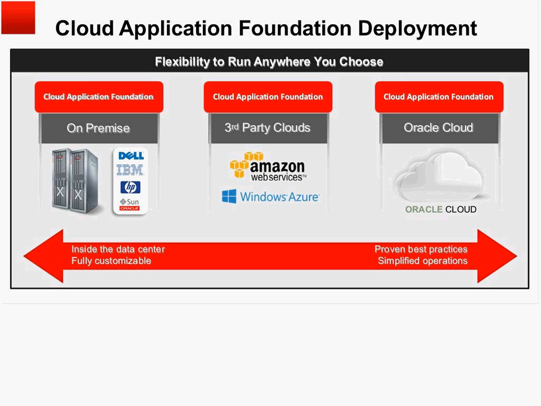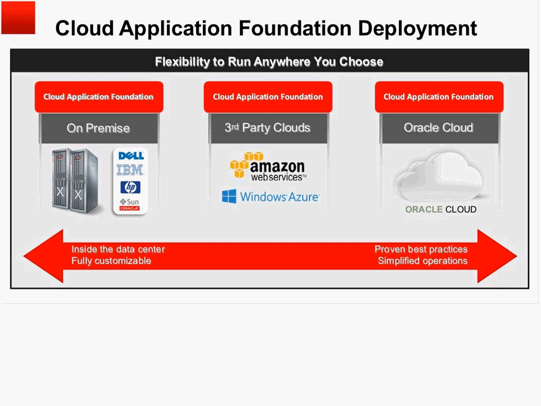So this is to give you a sense that when you work on premise, you have full control over the environment inside your data center. You can start merging or taking advantage of these third-party cloud environments, and then finally the Oracle Cloud. And as you move to the right, typically you start seeing value-add services, proven best practices, and simplified operations provided as part of the value proposition in that environment.